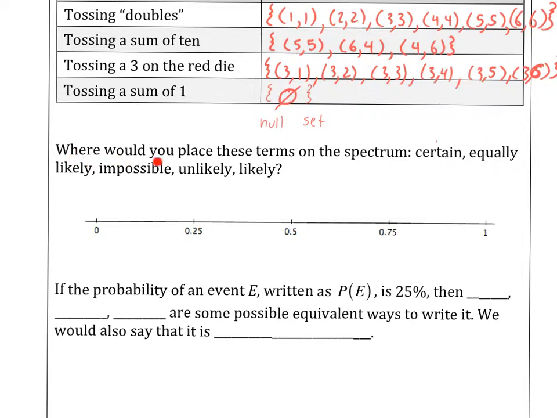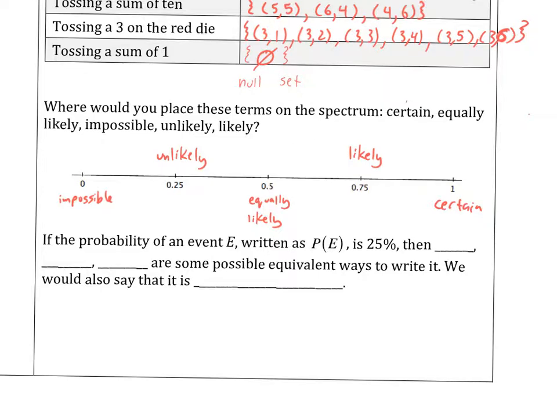All right, take a moment real quick with your partner. Where would you place these terms on this spectrum here? Certain, equally likely, impossible, unlikely, and likely, on this spectrum of 0 to 1. So let's see here. Impossible is down here, of course. The impossible, like winning the lottery if you never play it. Certain is up here. Death and taxes are certain.